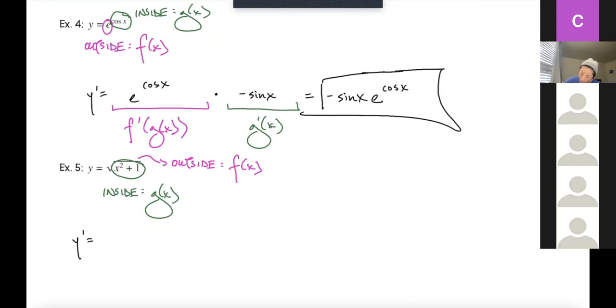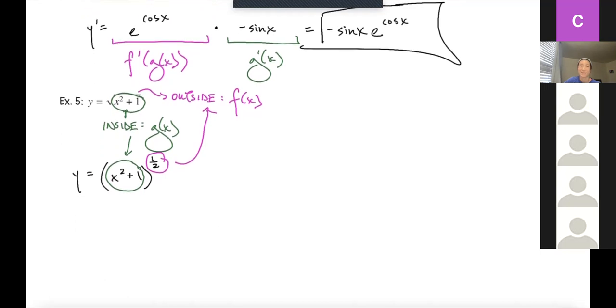Now, it might even be helpful to write the question like this: x squared plus 1 to the power of 1/2. That might be a little bit more obvious to us that the outside function is the 1/2 power and the inside function is the x squared plus 1. So that was one benefit of learning how to rewrite all these things, is sometimes it's just easier to see what's what.